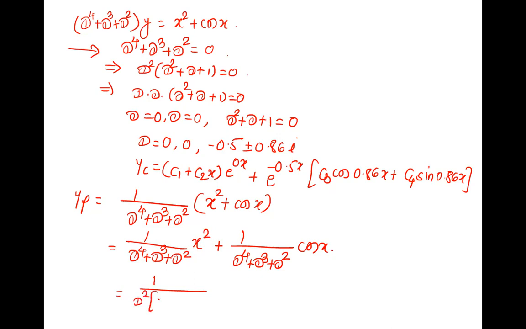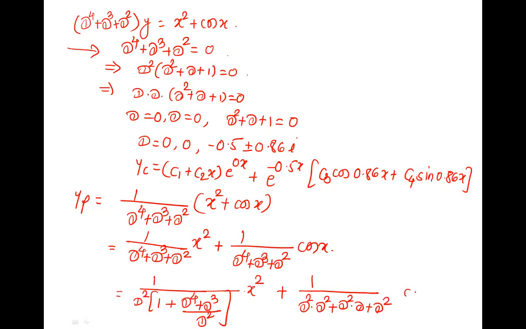Yes, there is 1 plus the remaining d raised to 4 plus d cube upon what we have taken out, d square, into x square as it is, plus what about this case? What does it need in the denominator? d square, correct. d square into d square plus d square into d plus d square into cos x. Sin cos needs d square.